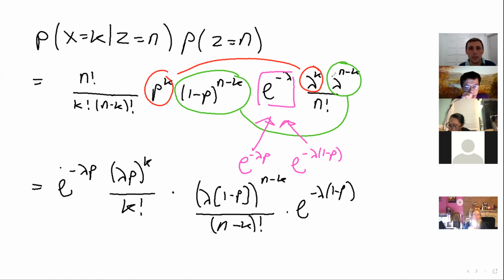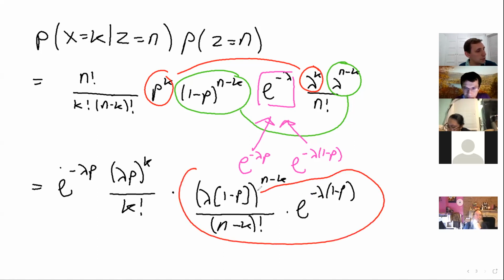So I separate those two expressions. So this is the second expression. Yes?